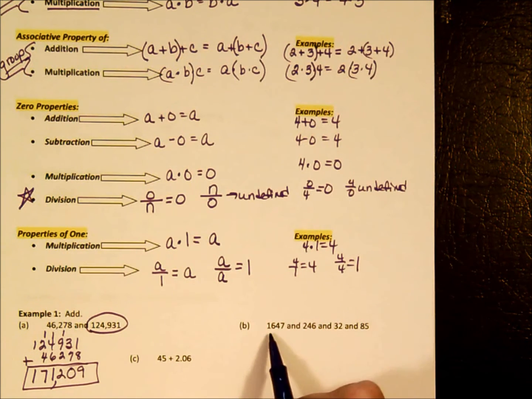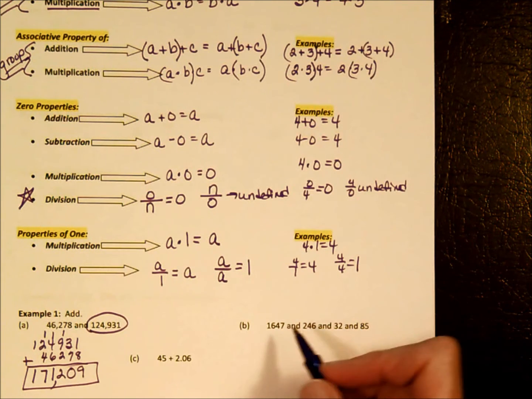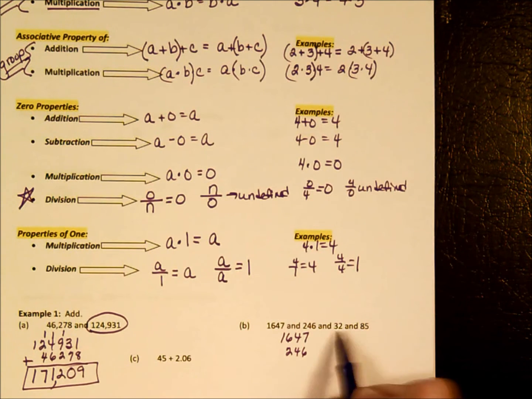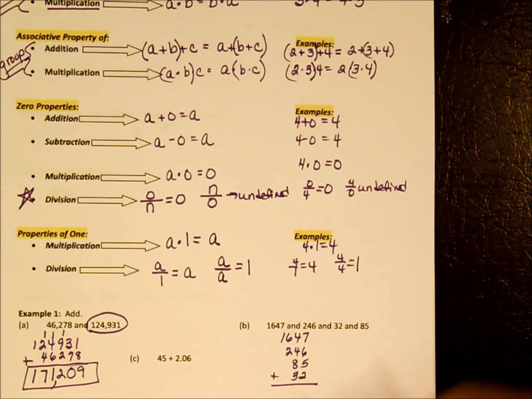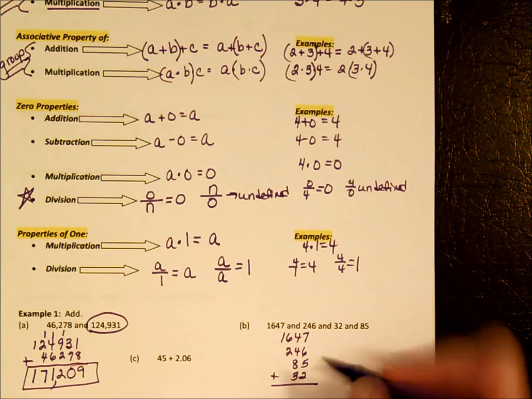If you have more than 2 numbers to add, I usually write them from greatest to least in vertical order. So I'm going to write 1647 and then 246. I'm going to write 85 next, although it doesn't really matter, but I just like to keep them in order. And then you just add down the column. 7 and 6 is 13 and 5 is 18, 19, 20.